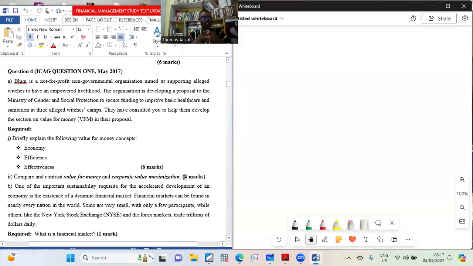So as you can see, later on, you realize that the value for money concept is more suited to the public sector, or more to a non-profit making organization. Then corporate value maximization is about the fact that you want to increase the wealth of the shareholder. The economy, efficiency and effectiveness, as seen in the public sector, is not about profitability.